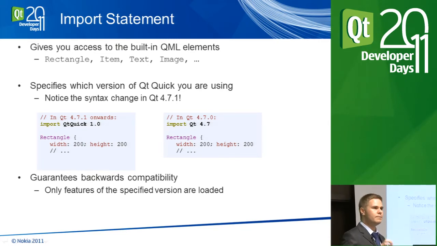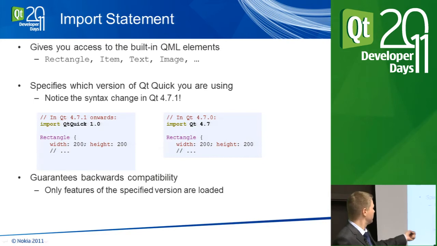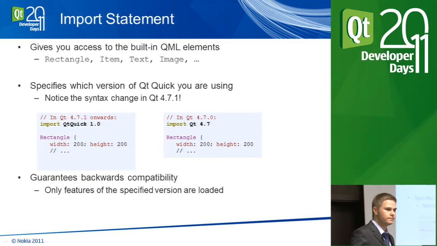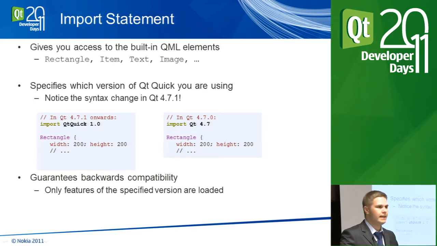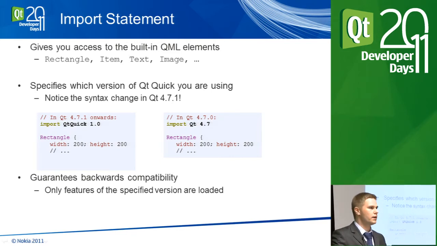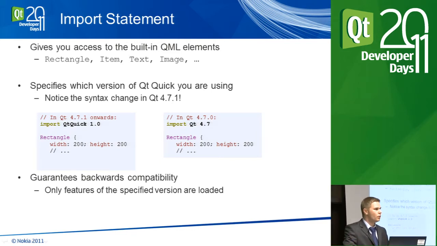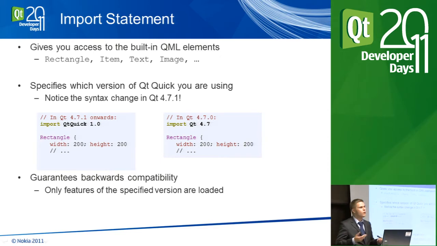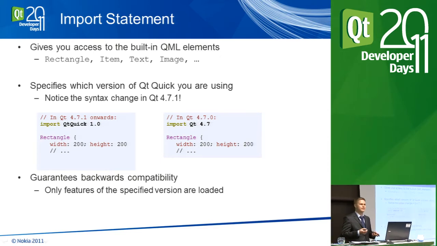There was this import clause in the beginning of the file. Import Qt Quick 1.0. So that import clause specifies what we are going to use, in a way a namespace, a module that we are importing into our application. In this case, we bring the built-in basic elements of Qt Quick.